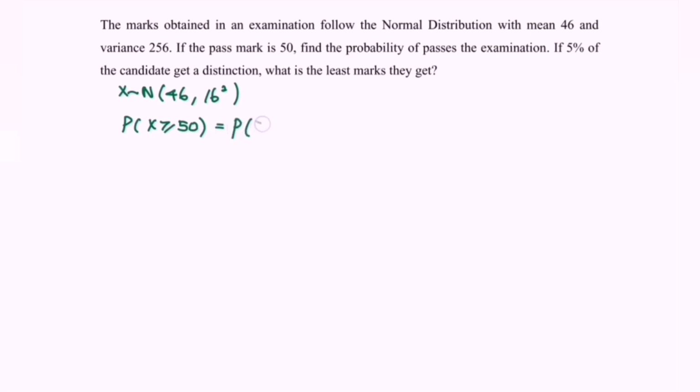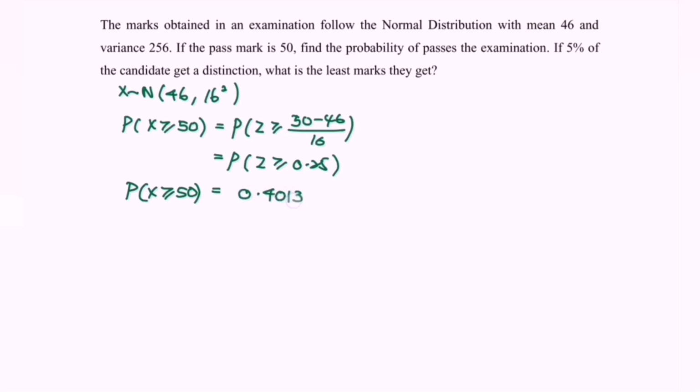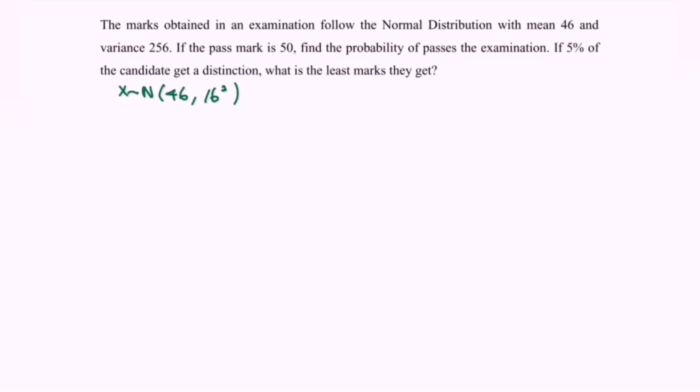So probabilities that z is greater equals to (50 minus 46) over 16. Simplify the situation. So z is greater equals to 0.25. By referring to the table, where we will have the situation, probabilities that x is greater equals to 50 will be equals to 0.4013.